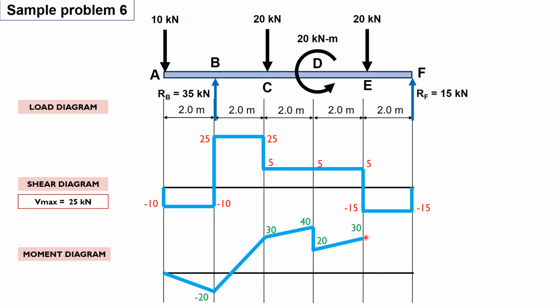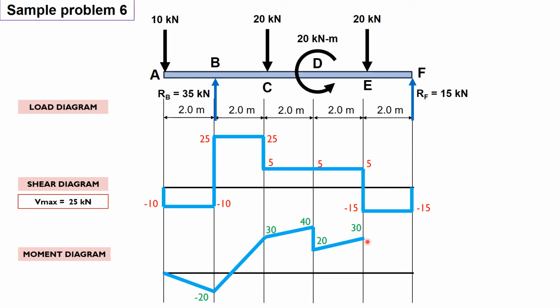So you have positive 30. So from E to F, there's a negative shear value or shear diagram, which is equivalent to 15 by 2. So from 30 minus 30 is 0 moment.